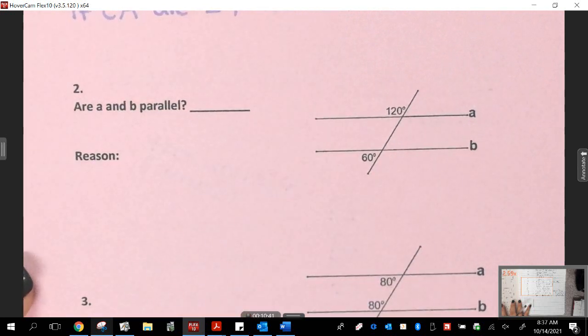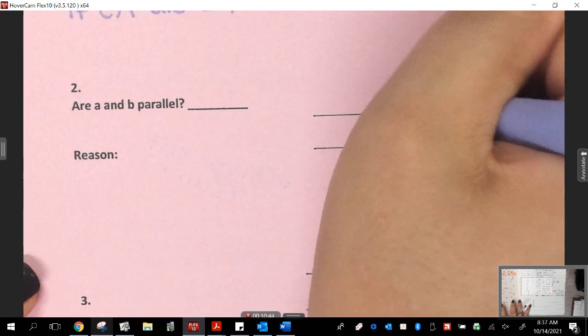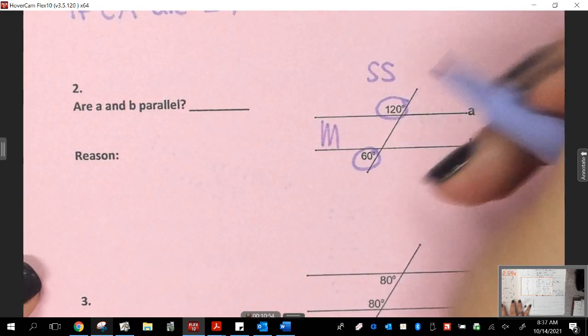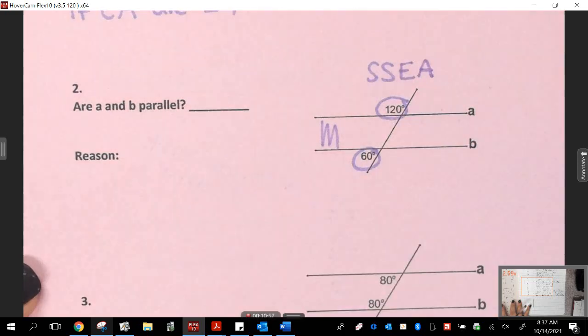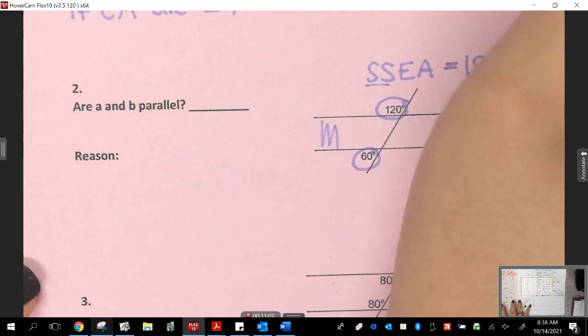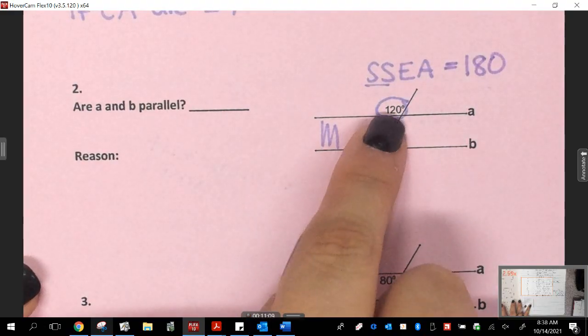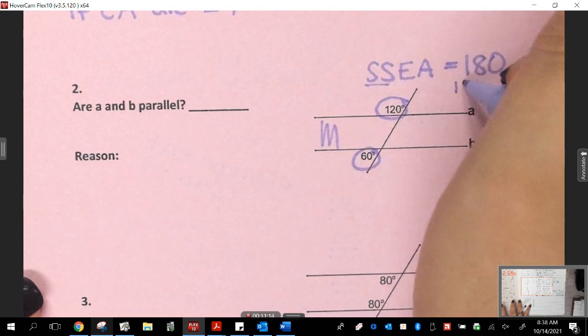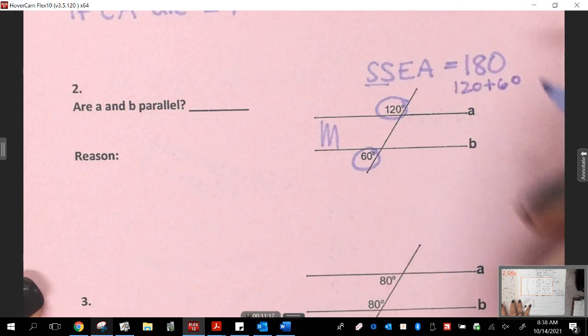All right, number 2. What do I have here? What vocabulary word? SS, they're on the same side. Are they in between the lines or outside? So exterior angles. Are SSEA congruent or supplementary? Supplementary. They equal 180. Now, what is 120 plus 60? Is 120 plus 60 180?